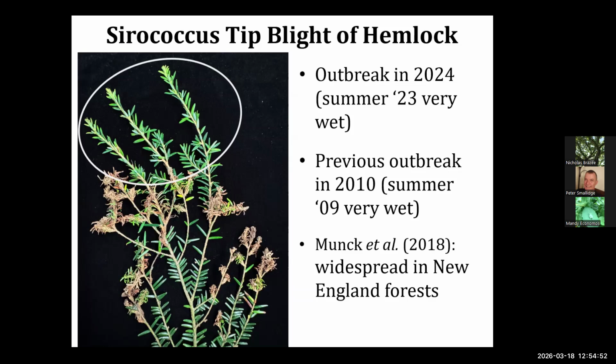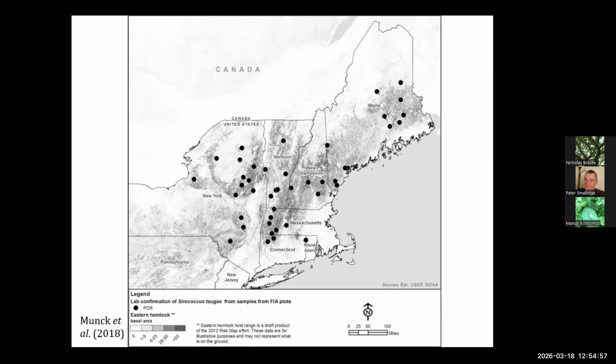Isabel Monk, forest pathologist with the Forest Service in New Hampshire, did a wide survey of Sirococcus here in the Northeast and found it everywhere they looked. So it's very widespread throughout the region. It's mostly a minor disease causing some minor shoot dieback.